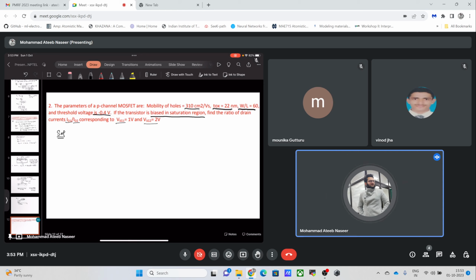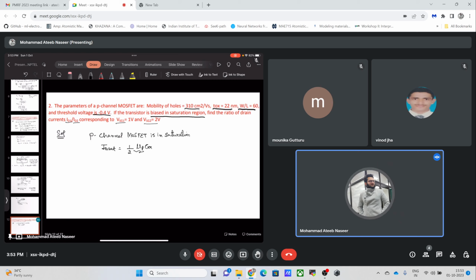Now since this P channel MOSFET is in saturation, it would mean that ID in saturation is simply 1 by 2 mu P Cox W by L. Now this mu P is the mobility of holes.